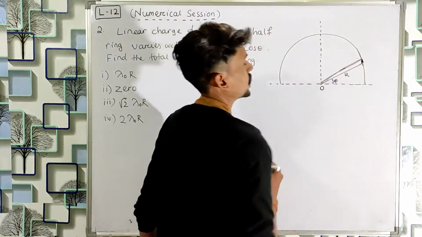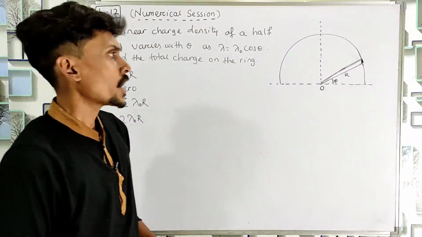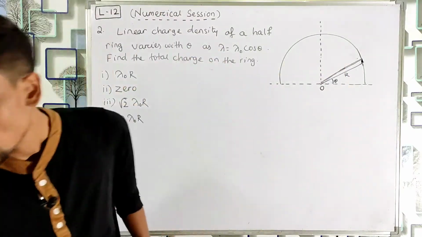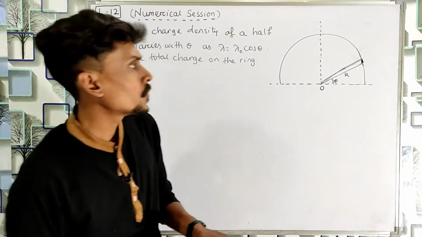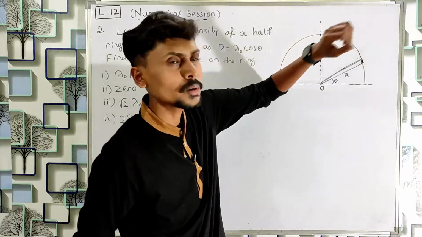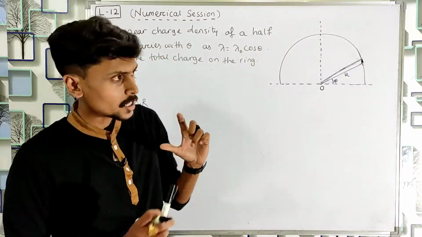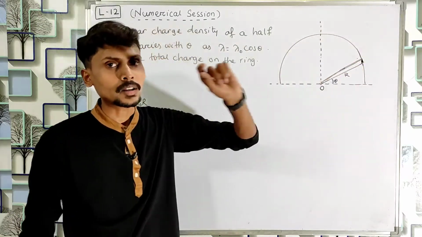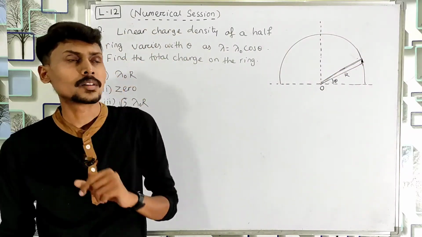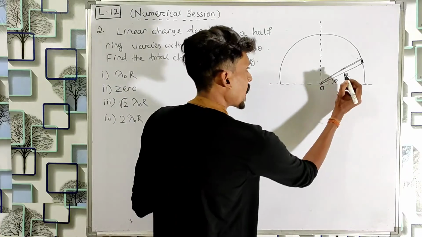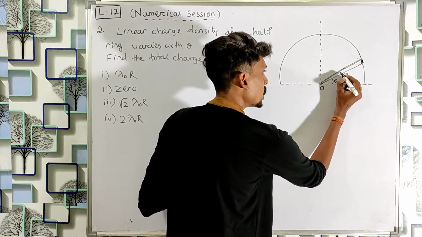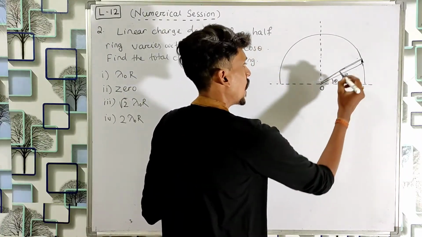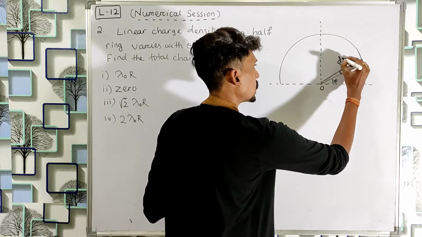Actually in this figure you can see that the length of the element is slightly more, but in actual practice the thickness of the element should be very small, so that this angle is very negligible. And suppose this angle is d theta.